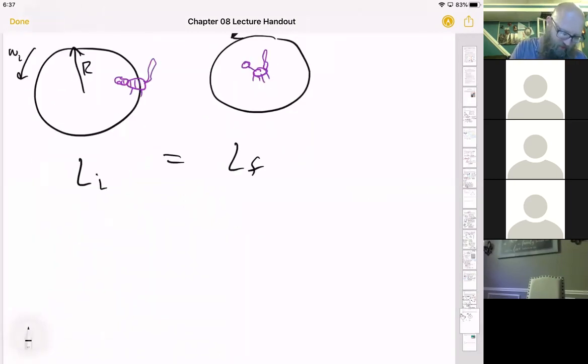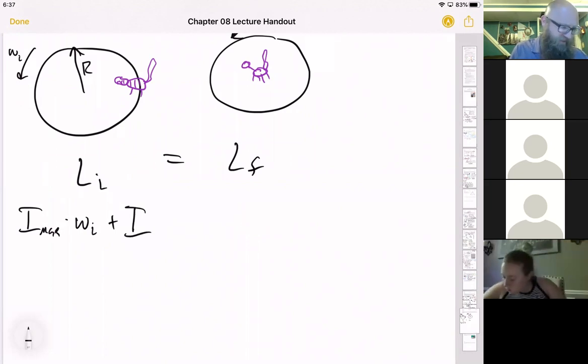Well, it's I for the merry-go-round times omega initial plus I, what is that? If this is I of the merry-go-round, what is this one? Right, I of the tiger.